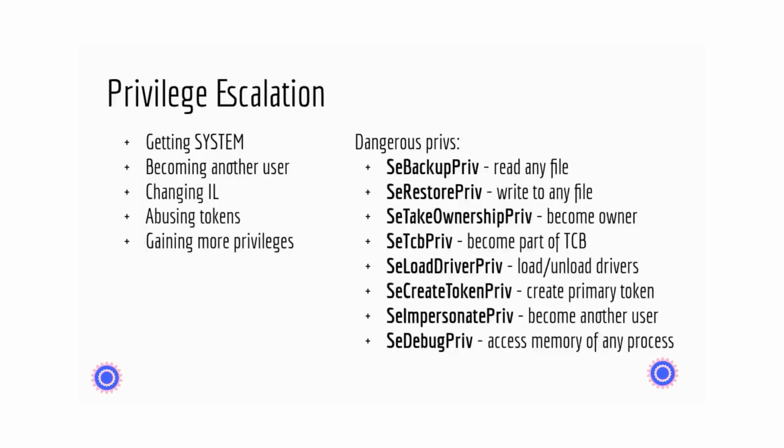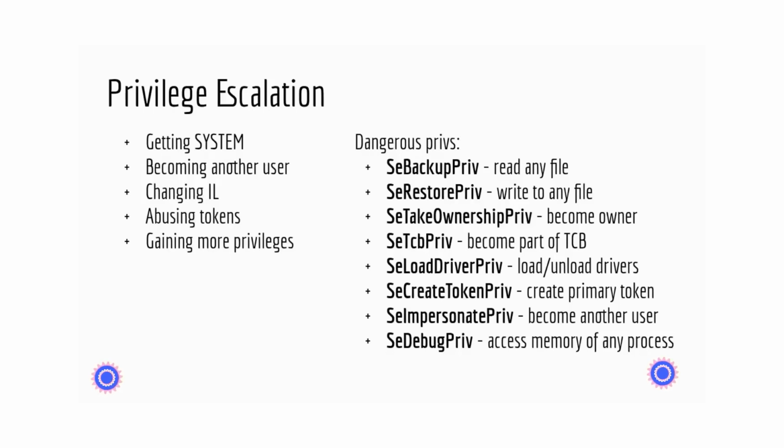Now, privilege escalation is not only about getting system privileges. There are other degrees and flavors. We're talking about becoming another user by stealing someone's password or running in their security context or session. It's about changing integrity levels from medium to high or from high to system. It's also about abusing owned permissions or privileges to get more powers or gain more privileges.